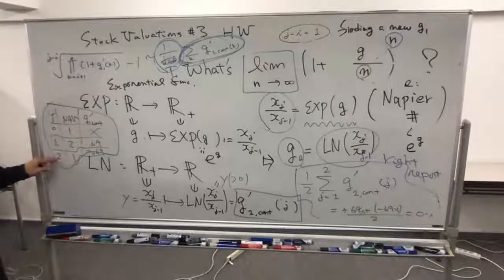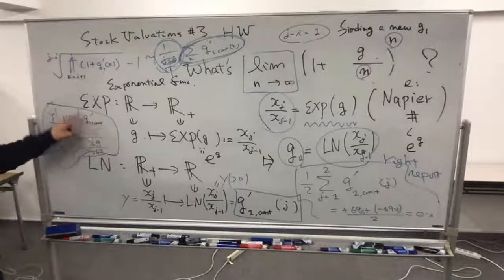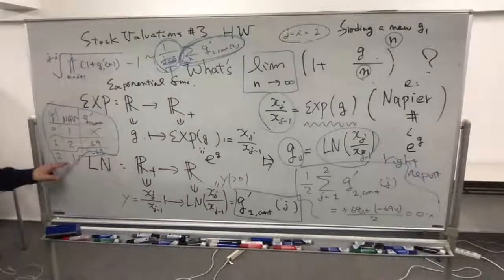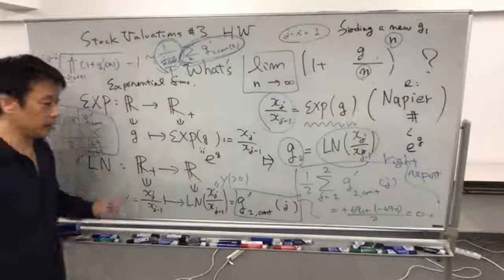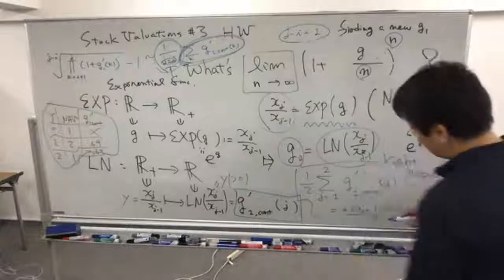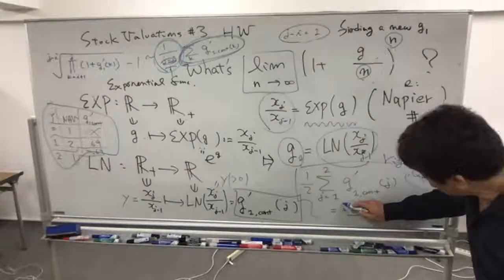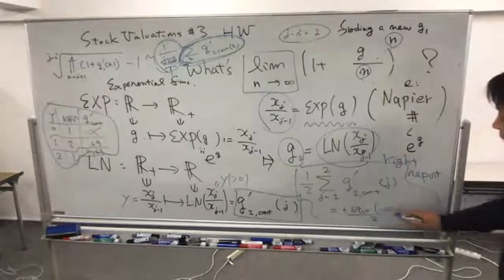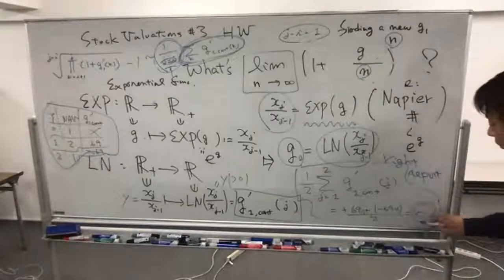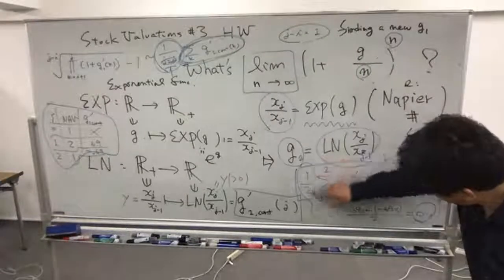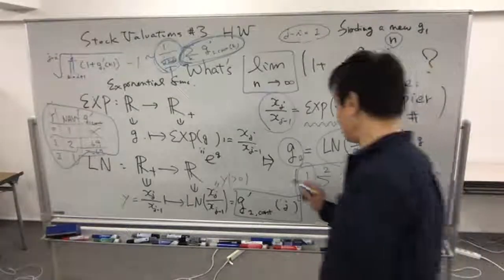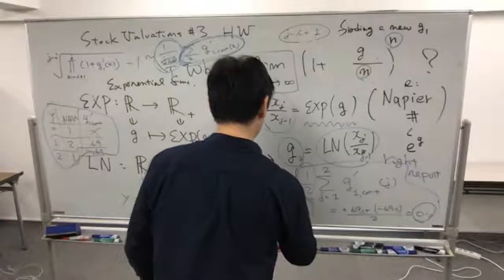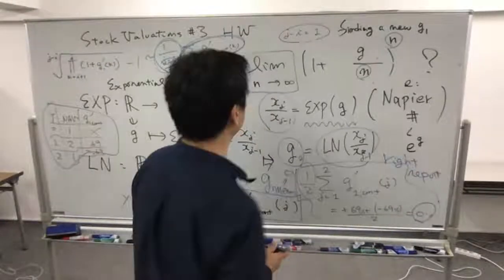On the other hand, the second growth rate, G1 continuous prime, ln 1 over 2 equals negative 69%. So we finally get the right answer, the right report. Plus 69 minus 69 equals 0. So the average of G1 prime becomes 0. So G mean equals 0.